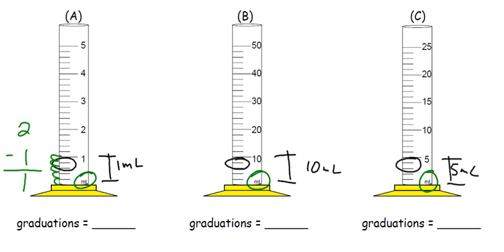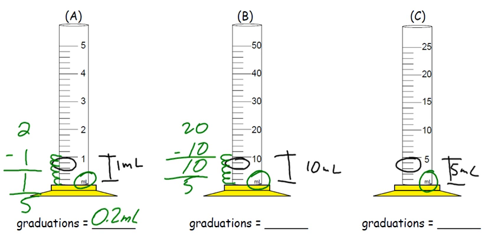So I take that and divide by 5, which means I get 0.2 milliliters. Same thing here: 20 minus 10 equals 10, and the same number of graduations, 1, 2, 3, 4, 5. Divide that by 5, which means each space right here is 2 milliliters.